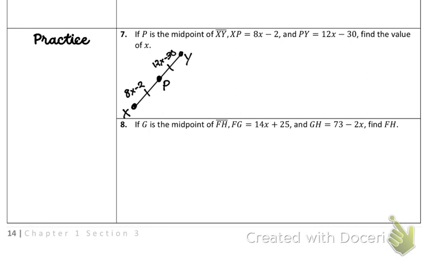With that information, what formula could I write? Because I know I have to write a formula. This is algebraic, definitely. What equation could I write here? It's not our distance formula. It was from our bell work, actually. 8x minus 2 is equal to 12x minus 30.